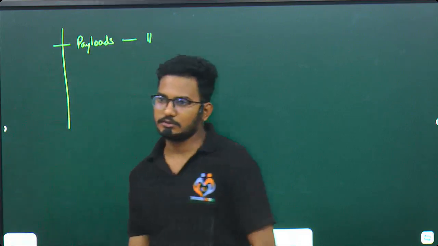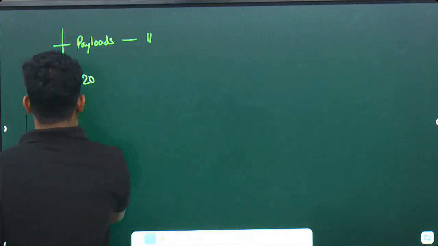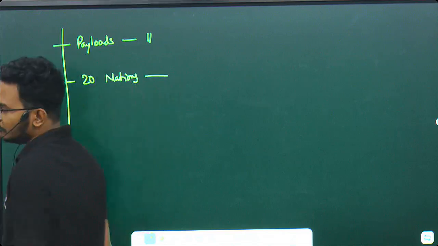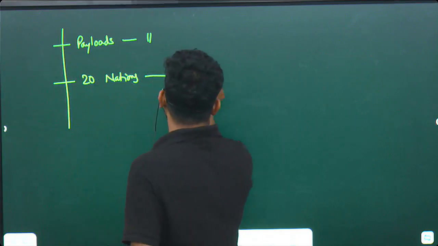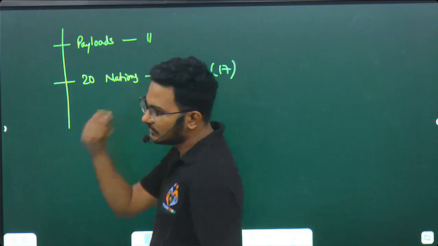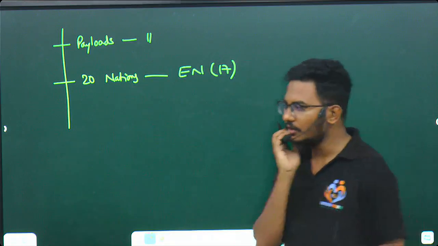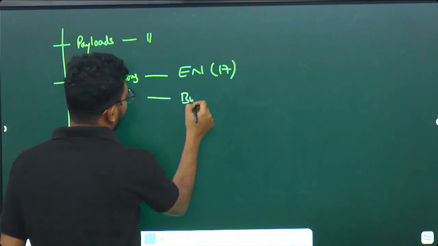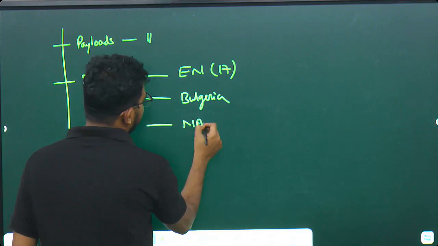Okay. And the total payloads we have used here is 11 payloads. Okay. And 20 countries worked together. 20 nations helped us in launching Chandrayaan 1. Okay. One is European nations, which had 17 countries at that time. So they have helped us. And then Bulgaria and USA's NASA helped us.